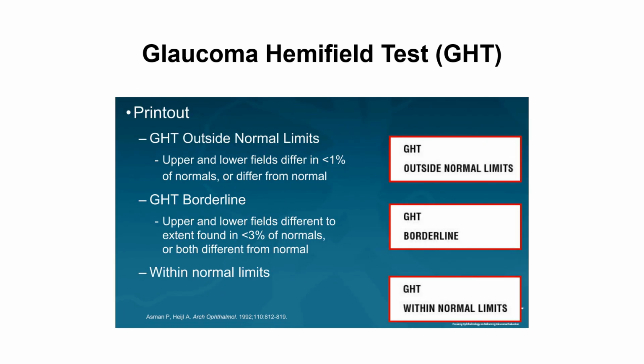So in the printout, you will see that the glaucoma hemifield test is outside the normal, or borderline, or within the normal. They mean that the glaucoma hemifield test, or GHT, outside the normal limits, that the difference between the upper and lower defects is not found in 99% of patients without glaucoma.